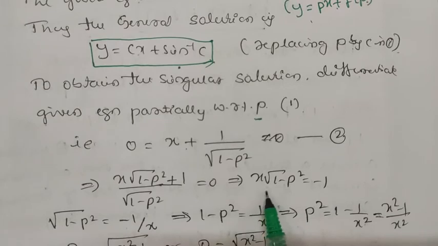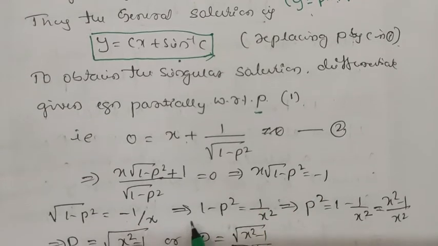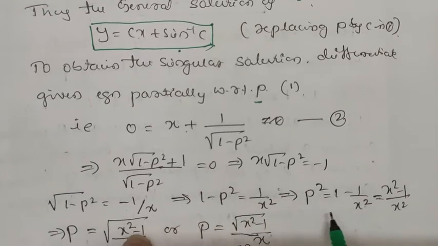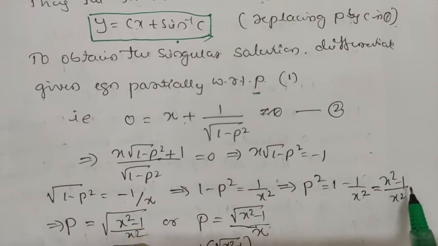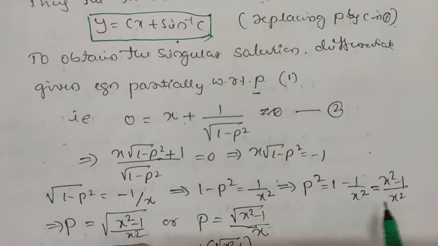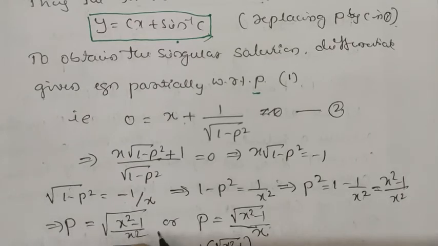So what we have, under root of 1 minus p square equals minus 1 by x, or squaring on both sides we have 1 minus p square equals, after squaring it becomes plus, 1 divided by x square. So we want p square, no? You just take here on this side p square equals 1 minus 1 by x square, take LCM, it becomes x square minus 1 divided by x square. So this implies p equals under root of x square minus 1 divided by x.